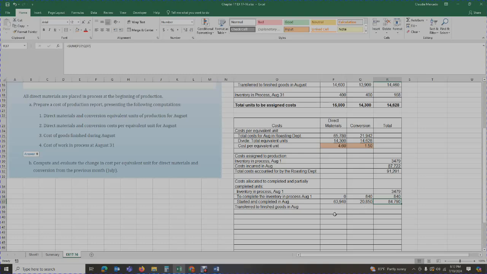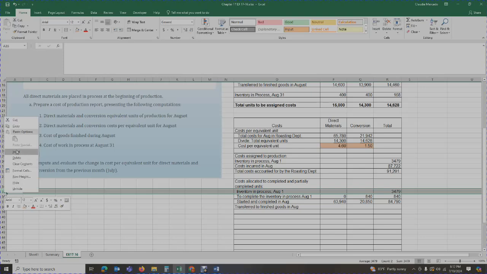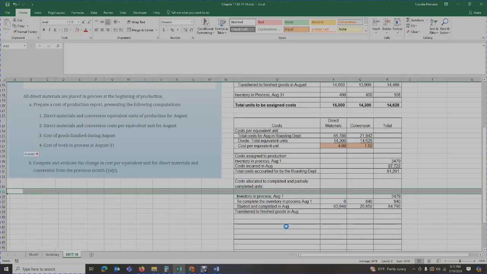I missed a line item. Let me see. So many line items. So I am good here. The 91,201. Then I've got the 3479. Let me backtrack. Let me insert a cell here because I'm missing one item. I'm missing the item below the 3479.